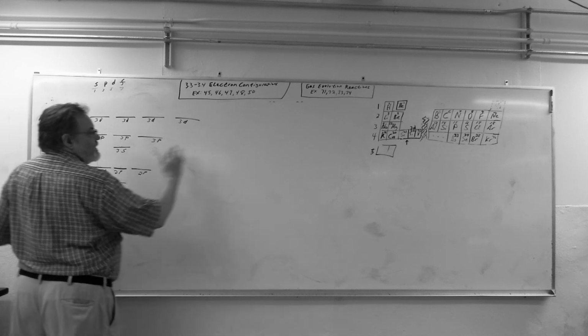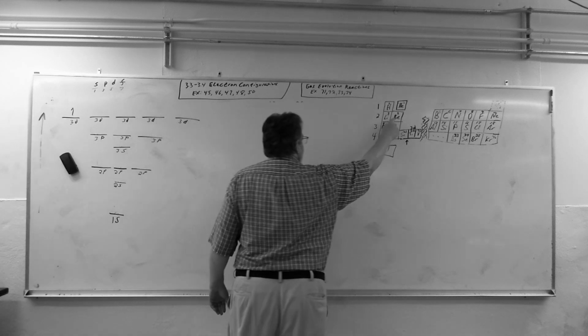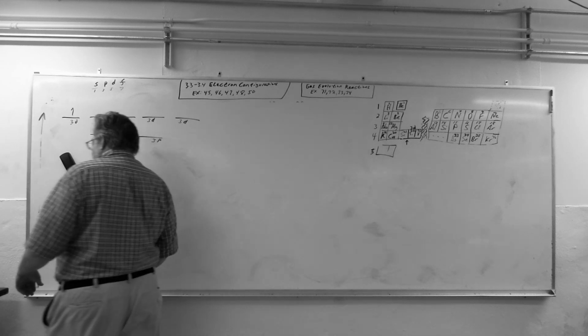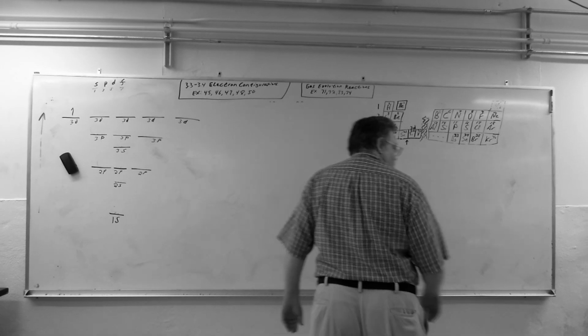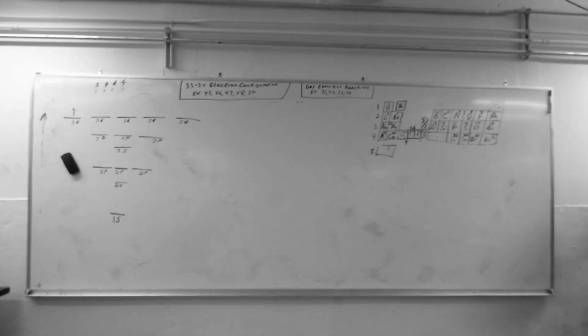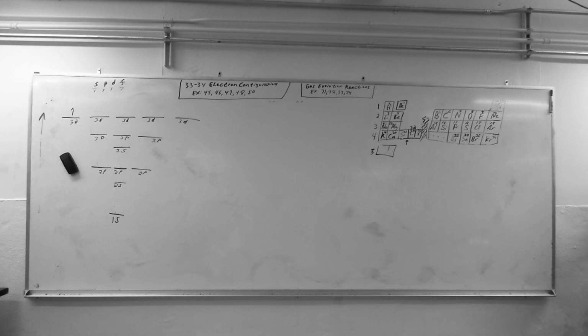I'm going to pick one of these from the first 2 rows. Let's say beryllium, which would be... let me come back to it another time. Let's go on to, are those questions good now, Lucy? Yes, sir. Let's just stick with that for now.